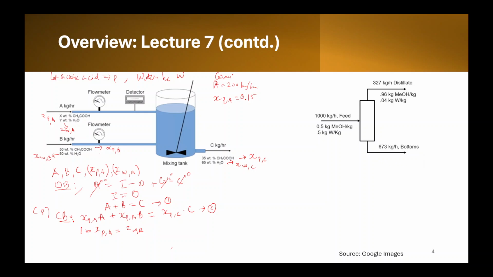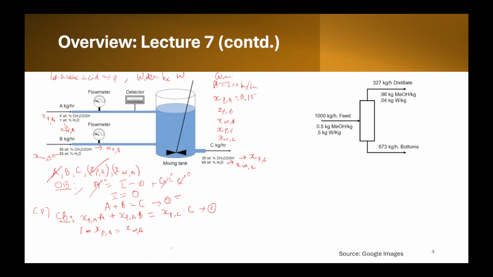A is given, XPA is given. We are also given XPB, XWB, XPC, and XWC. So these are not unknowns anymore, because they are given in the problem.